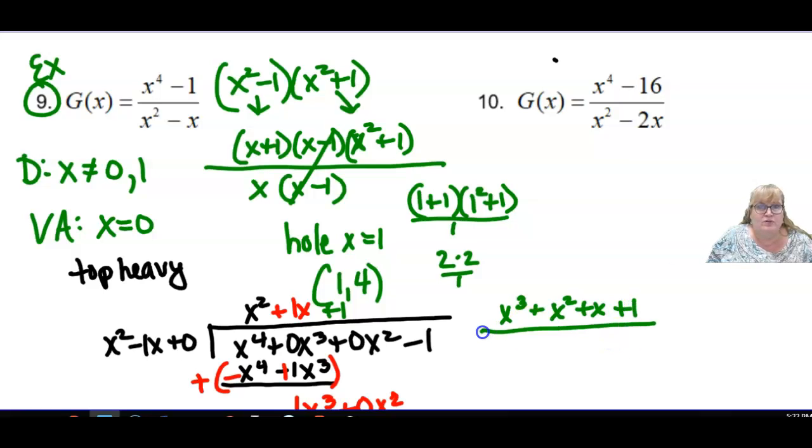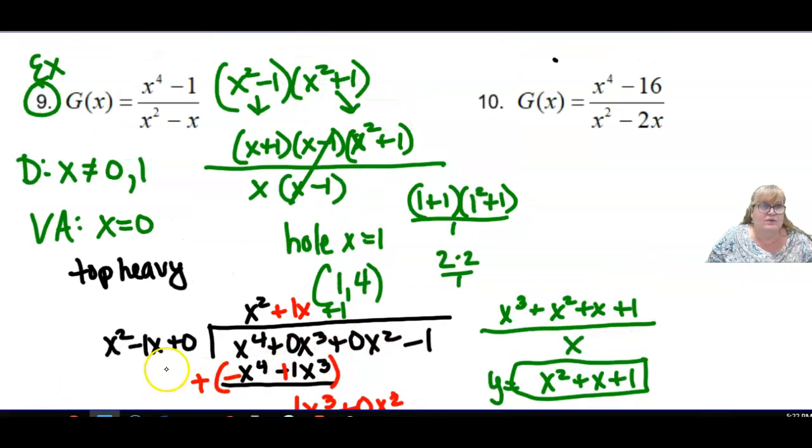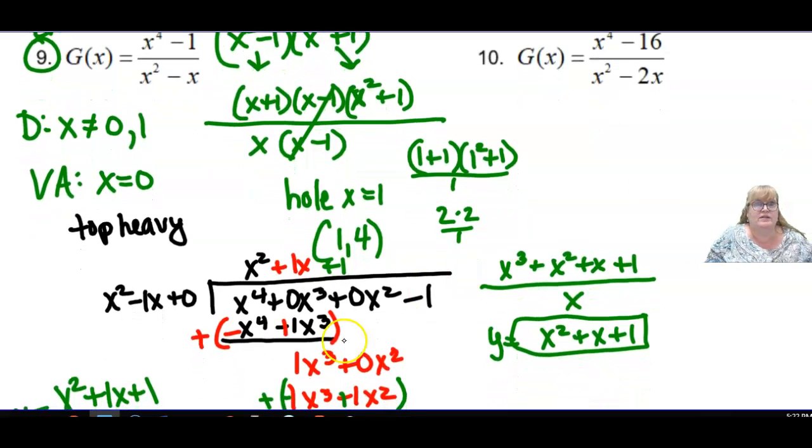And then you put it all over an x. If you divide each of those terms by an x, you get x squared plus x plus 1, which is what we wound up with over here for our end behavior. So we could have shortened it up a little bit and done a little less long division, but it was quadratic.